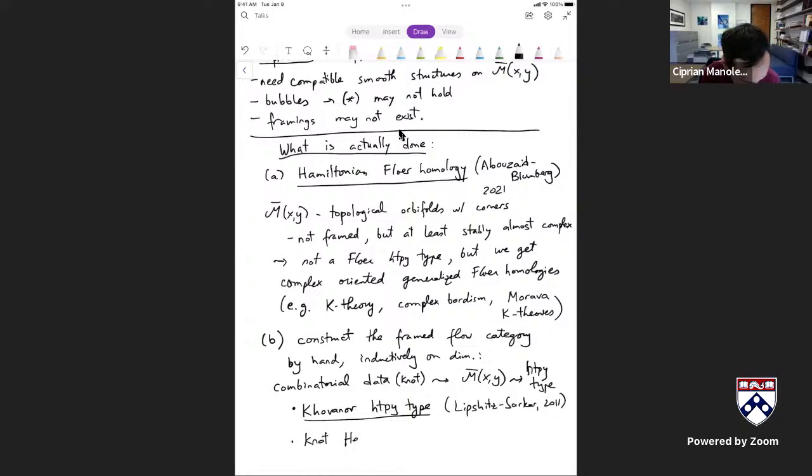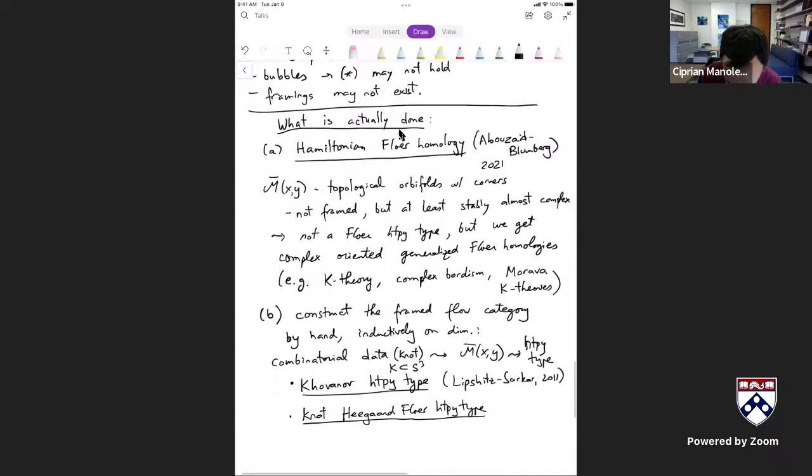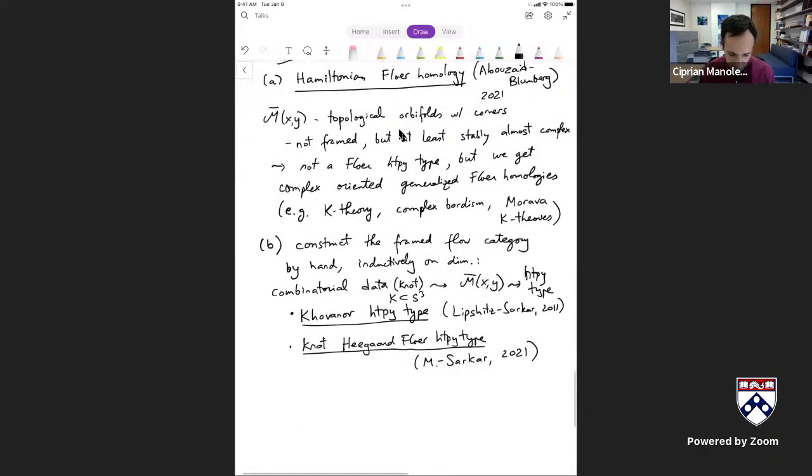So this is the version of knot Heegaard Floer homology, again just for knots in S3, so not in other three-manifolds. There is a combinatorial definition of that, and working with that in joint work with Sarkar from last year, we defined a homotopy type in this case. So this doesn't involve any analysis.